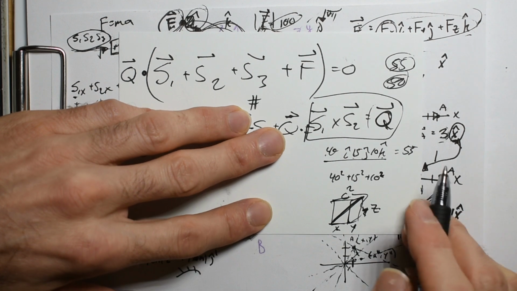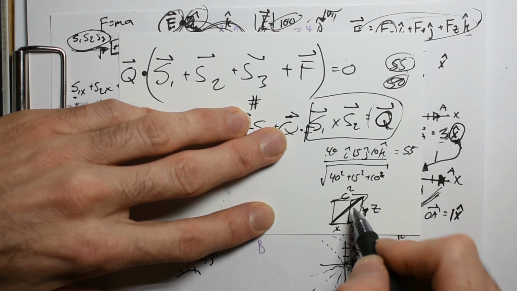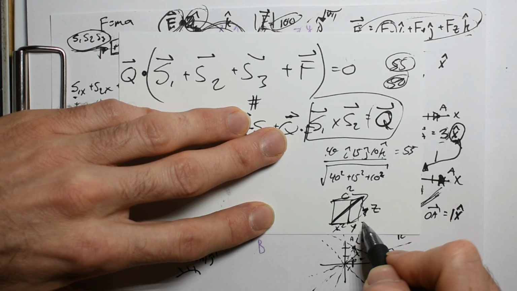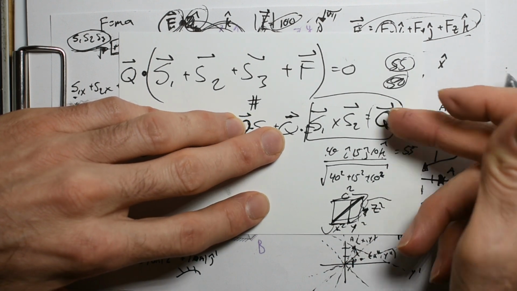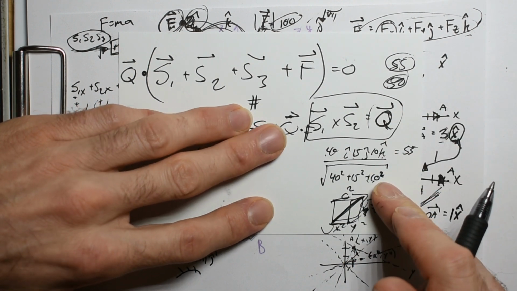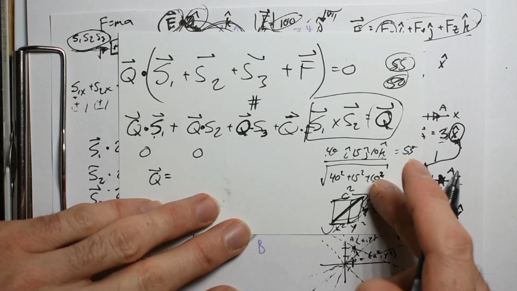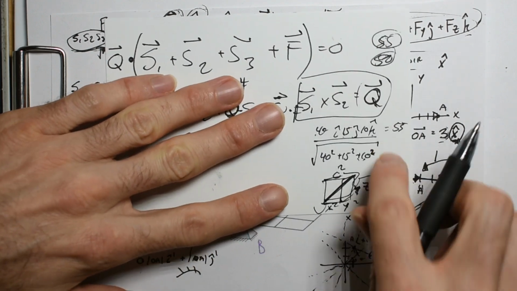All right, booyah. And to get c, you'd take the square root of that. And if you turn this Q into a unit vector, then you're just dotting in percentages.